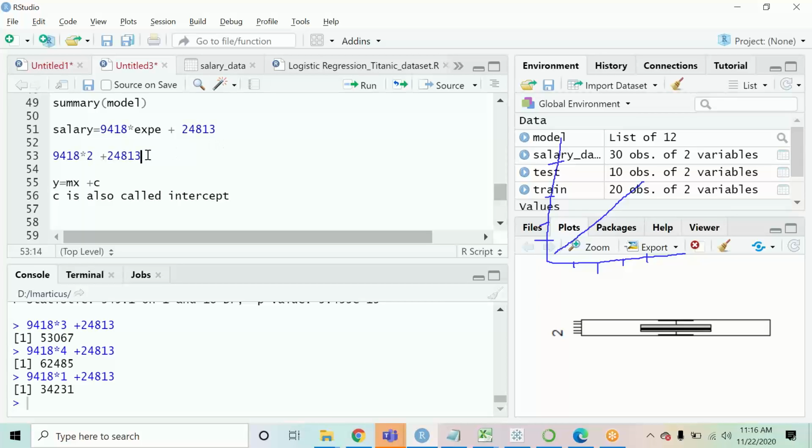When her experience is 2 years, Nandini's salary becomes 43,000. When she gets the overall experience of 3 years, her salary becomes 53,000. Do you see that as the experience is increasing, your salary is increasing? This is the same thing the model is telling me. Can I predict the salary based on this? Correct.